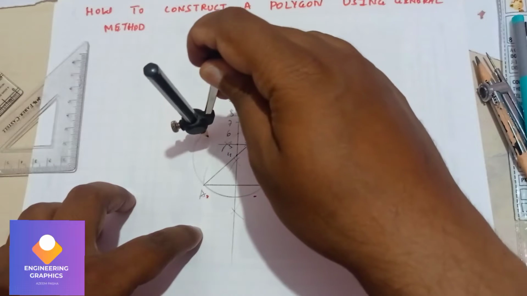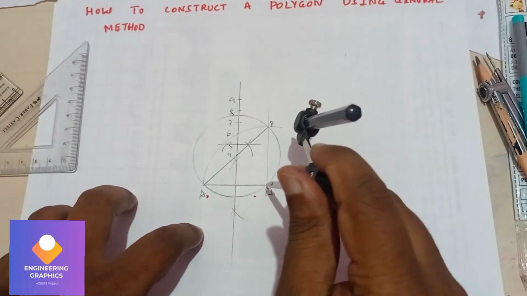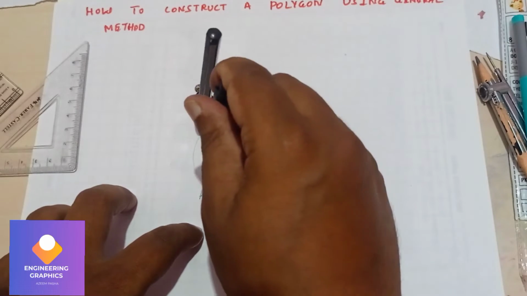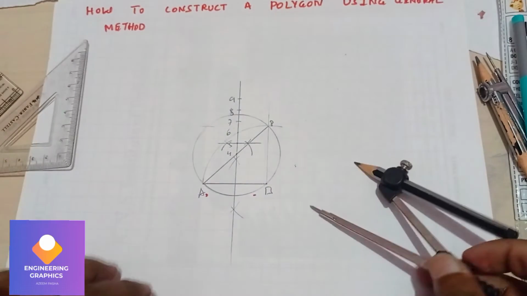Cut the arc, or you can measure like this, the same point you get here. From this point you cut another arc. Now you join.